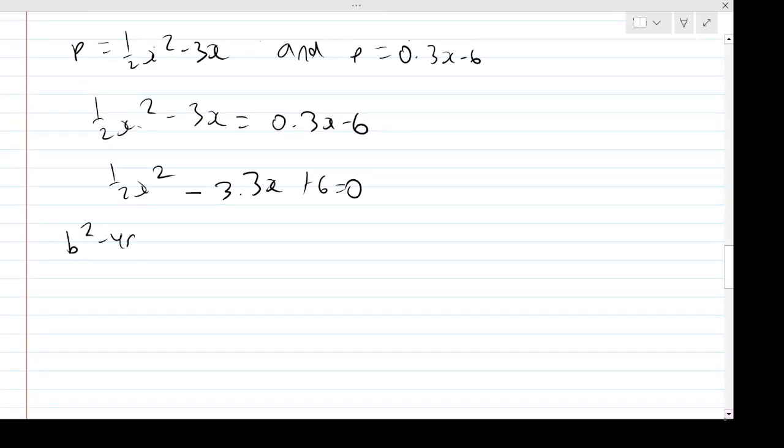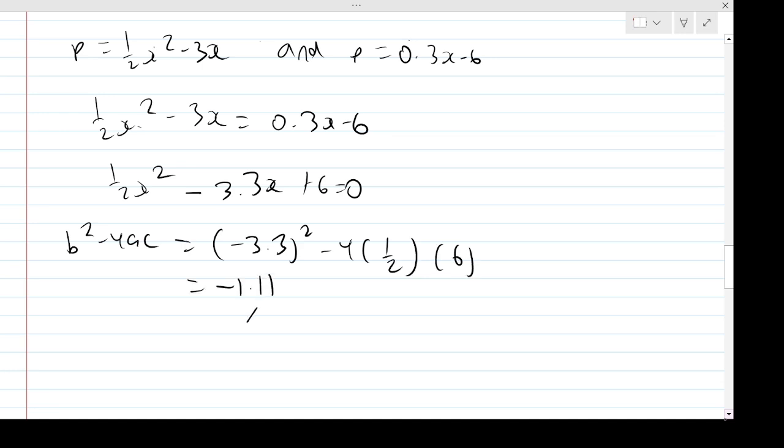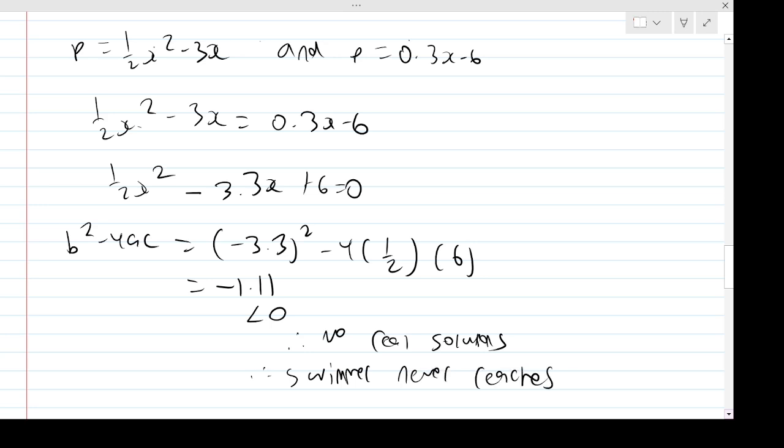So b squared minus 4ac would equal minus 3.3 all squared, take away 4 lots of a half, lots of 6. And that would be negative 1.11. So that's negative, so there are no real solutions, no real roots. Which means that therefore the swimmer never reaches the base of the pool, or the bottom of the pool.